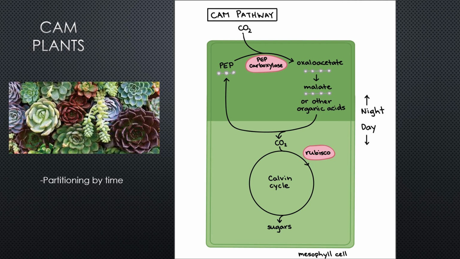So at night, it can fix carbon dioxide to oxaloacetate, again reducing it to malate, similar to the C4 plants. But then it takes the Calvin cycle and rubisco into the daytime.